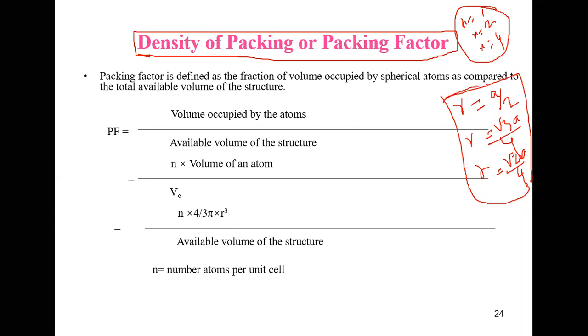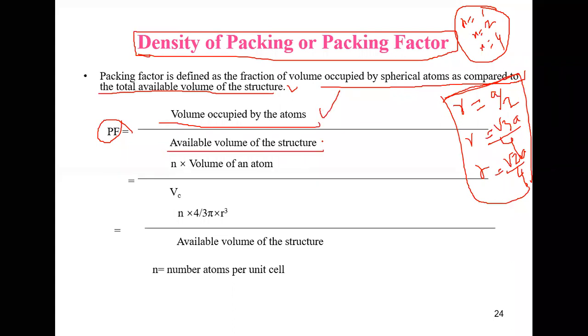Actually, that measure is called the packing factor. So packing factor is defined as the fraction of the volume occupied by the spherical atoms, considering the atoms are spherical in shape, compared to the total volume in the structure. Packing factor is denoted by PF, and it is defined as the volume occupied by the atoms divided by the available volume in the crystal structure.